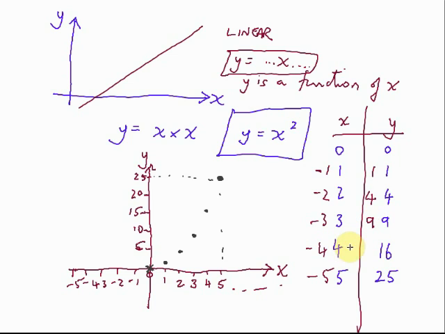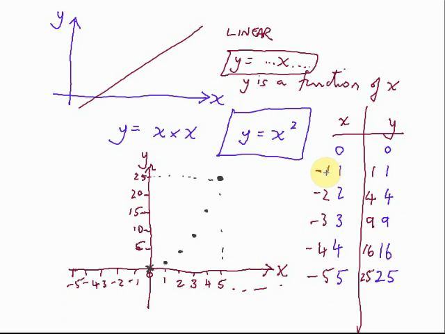And if x is minus 4, then y is minus 4 times minus 4, which is 16. And if x is minus 5, then y is minus 5 times minus 5, which is plus 25. In other words, it's exactly the same as when x is positive. So let's just plot those values here.